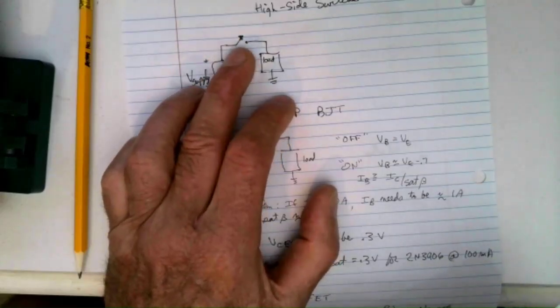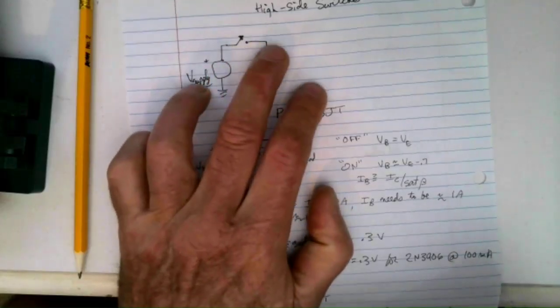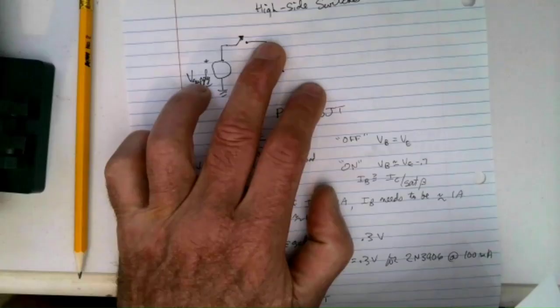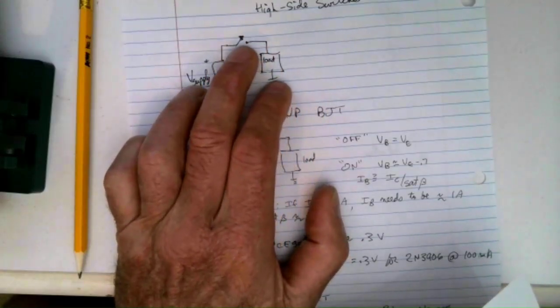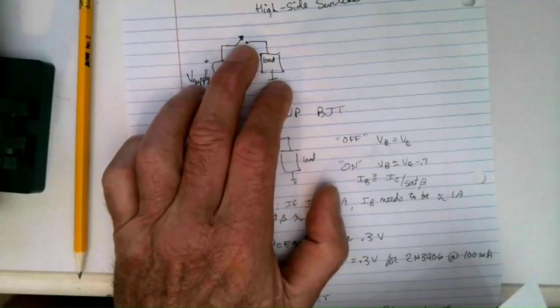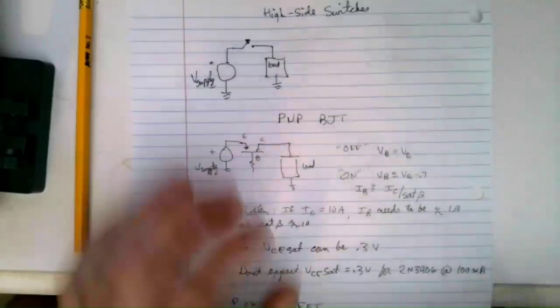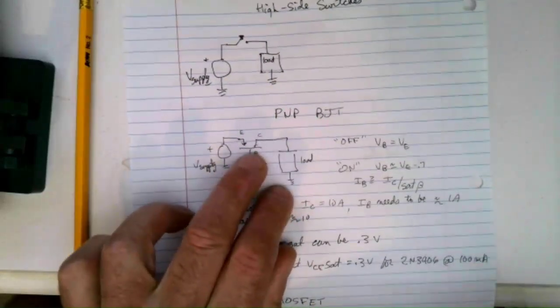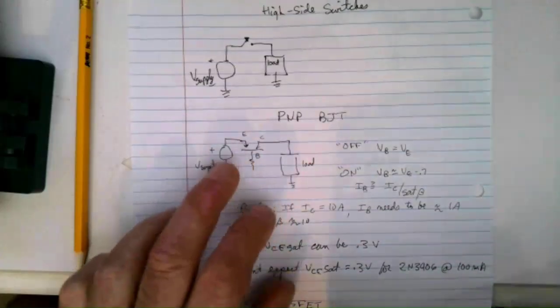If you used a relay for this and accidentally shorted the load momentarily, it's likely, not guaranteed, that the relay would survive long enough to blow the fuse. Unlikely that the semiconductor would survive if you shorted that node while it was on.